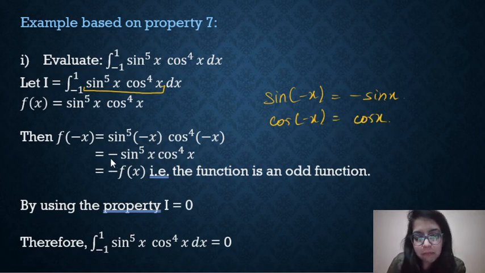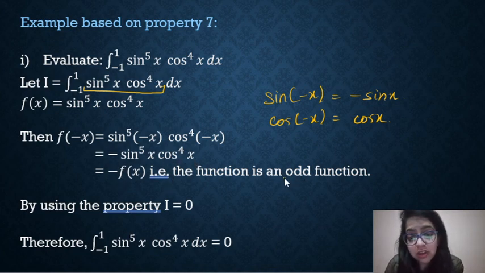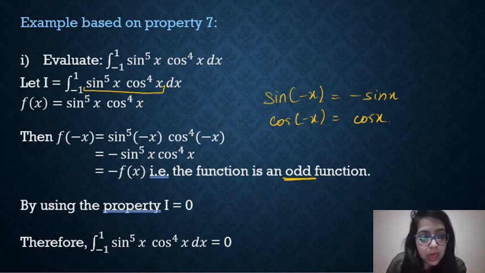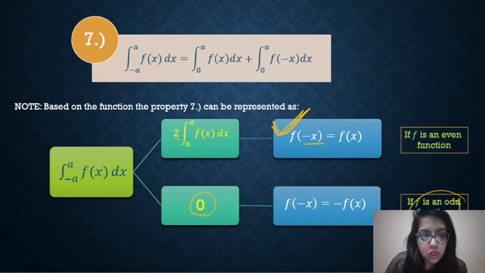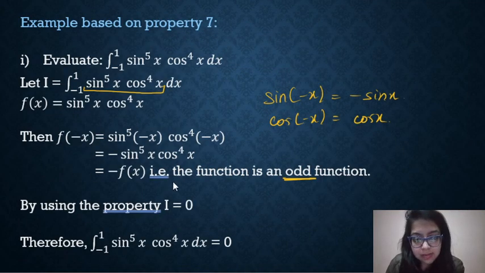So you will get minus sin to the power 5 x into cos to the power 4 x. So that is minus f(x). So the function is an odd function. And when a function is an odd function, we get the result as 0. So therefore by using the property, I get I is equal to 0. So therefore this full integration is also equal to 0, and that is your answer.